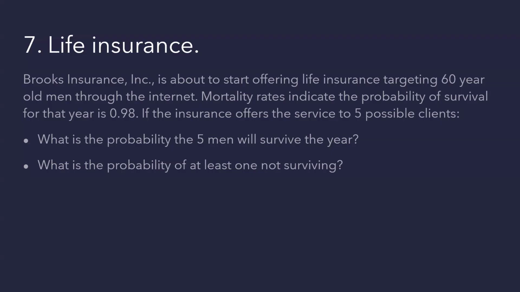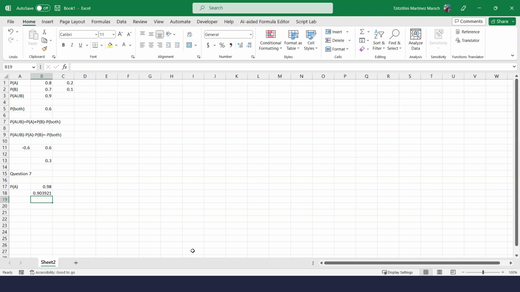Okay. And then it says, what is the probability of at least one not surviving? Well, we know how many are surviving. Okay, out of all these possibilities, these are that they will survive, the probability that 5 of them will survive. So the probability of B, which is that at least one of these men won't survive, is going to be fairly simple.